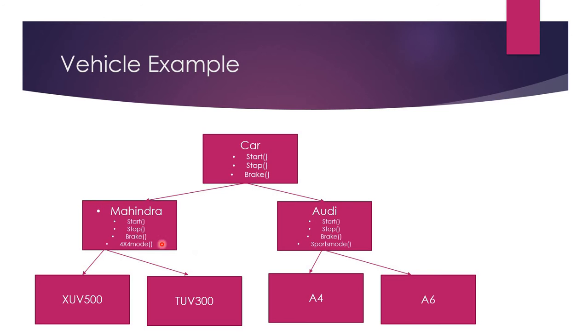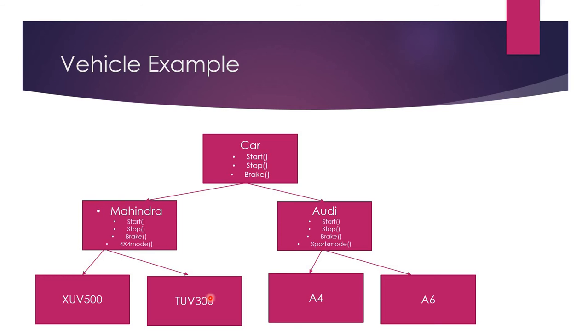Now, inheritance can be extended to further subclasses. It's just like a chain. So from the Mahindra base class, or Mahindra as a parent class, we can have a couple of child classes which inherit from Mahindra. So they all have start, stop, brake, and 4x4 mode, just like these two famous models of Mahindra, XUV 500 and TUV 300.